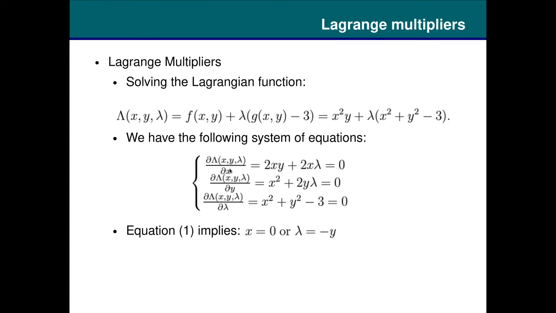Remember, the gradient vector is in terms of x and y, okay? If I now differentiate in terms of y, what I will have exactly is x squared plus 2y lambda equals 0. And if I differentiate in terms of lambda, I will have my constraint.